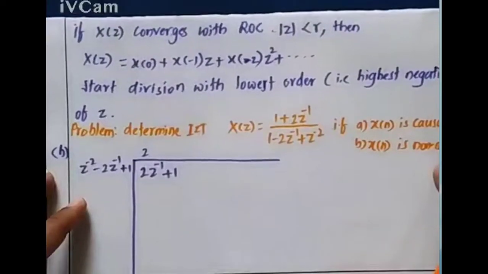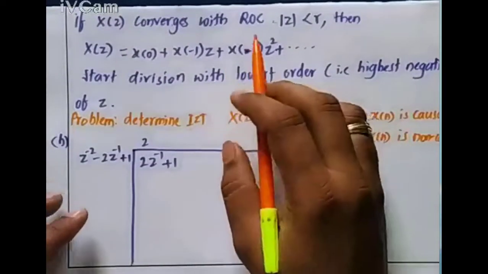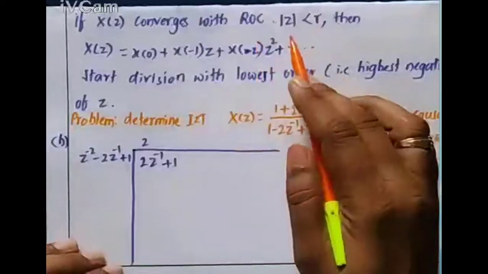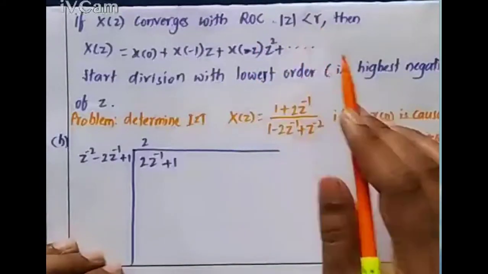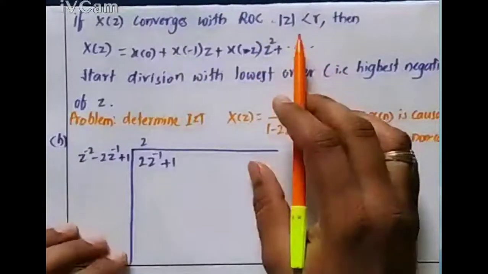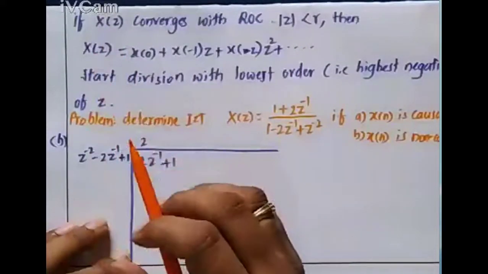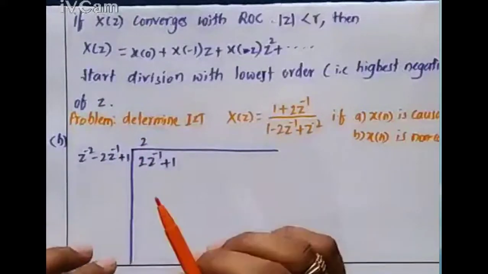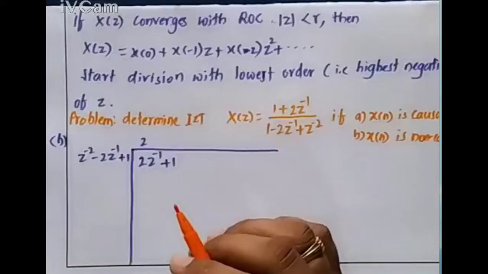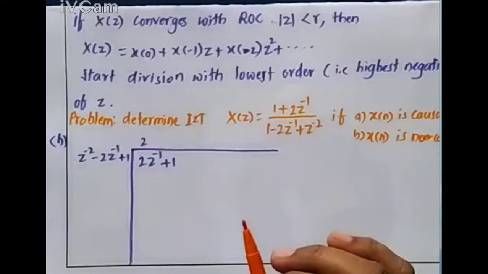That would be if X of z converges for the region of convergence mod z less than r. In this regard, our understanding is X of z is the z transform of the non-causal sequence x of n. So x of n has only the negative values of n.